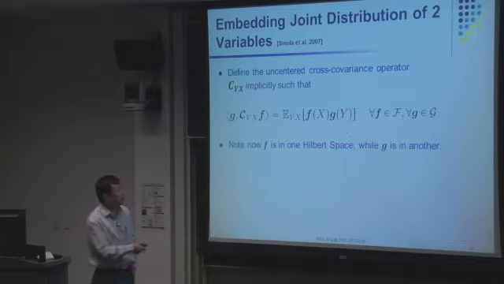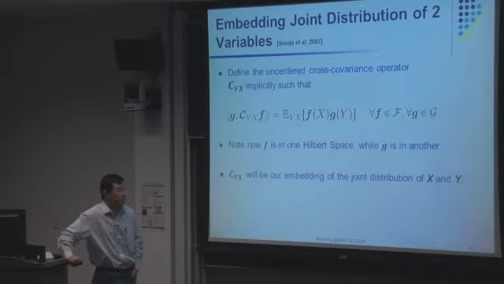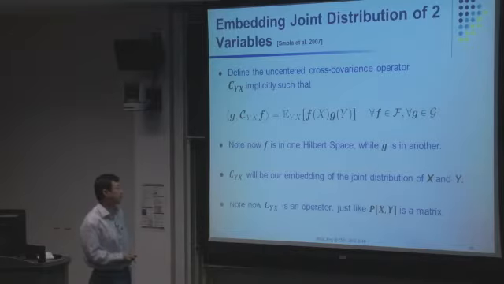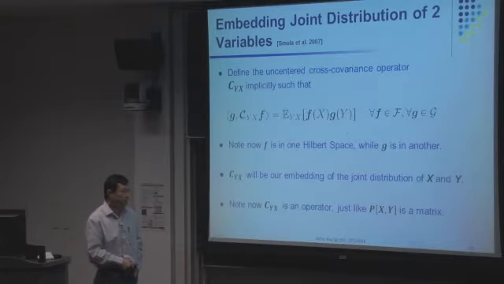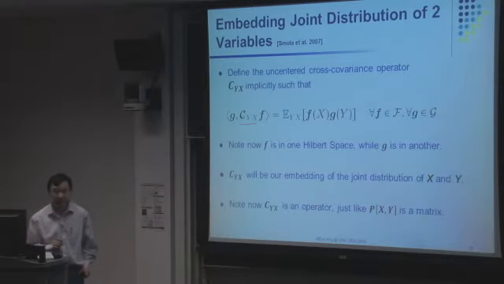And now, if f and g are both in Hilbert space, then this cross operator is essentially an embedding of the joint distribution of f and x. We just call it an embedding because it realizes all the things we want to do with a two-parameter joint distribution. And this is again in the form of an operator, and therefore maybe an intuition you want to get is that you can view this as almost like a matrix.